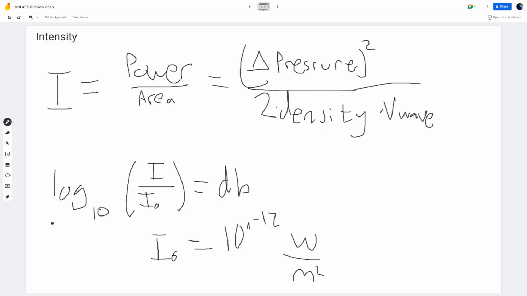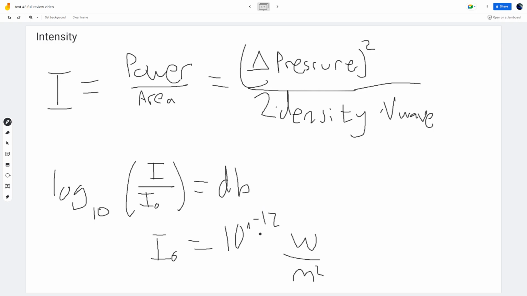But the important part is converting between intensity in watts per meter squared to decibels, because decibels is a logarithmic scale that we use to measure sound intensity. You've probably heard it before. People are like, oh, that's a 40 decibel sound, blah blah blah, whatever.